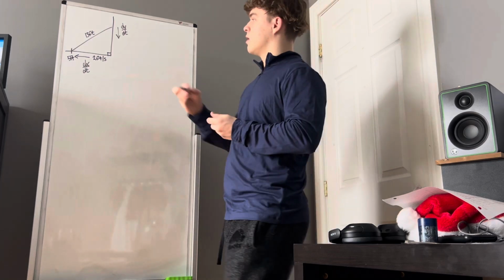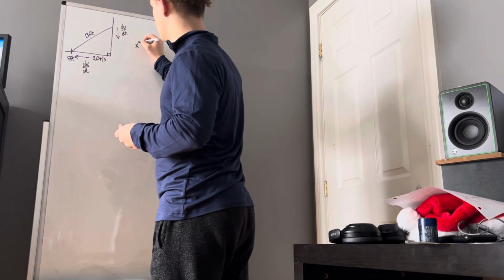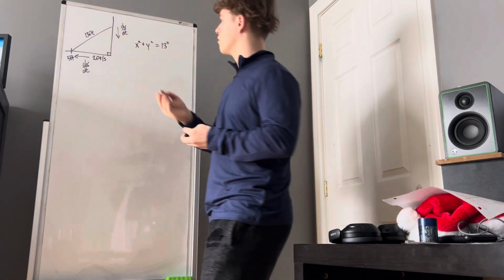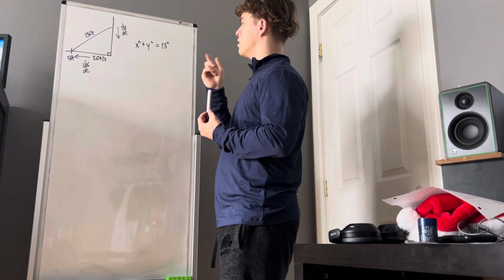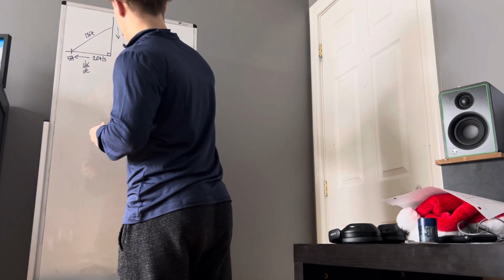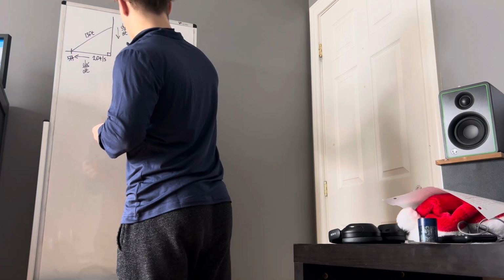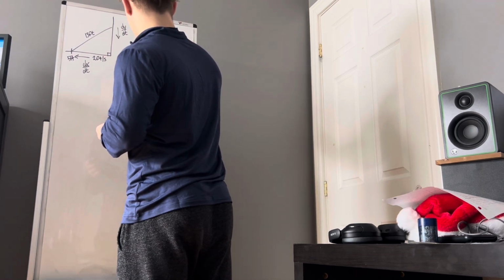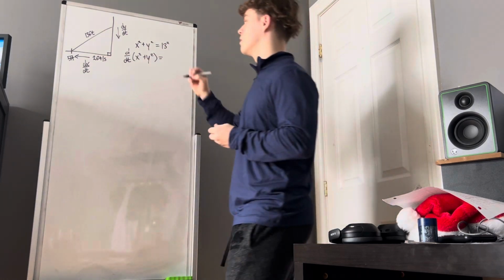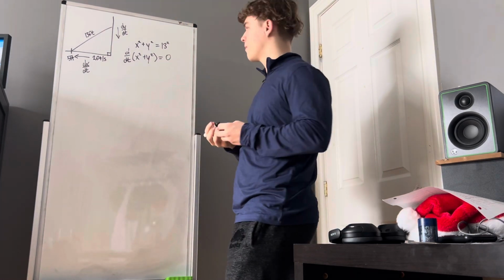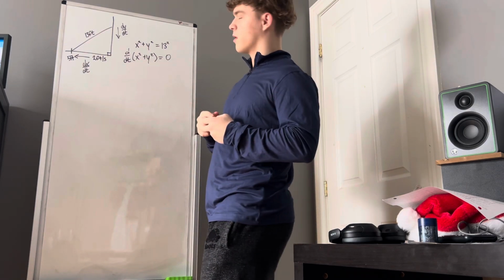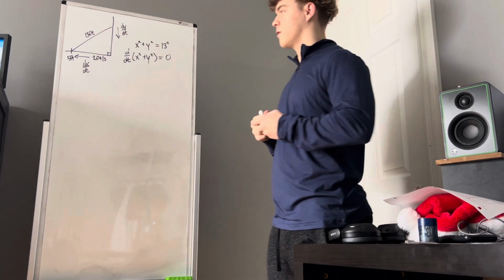Let's figure it out. So we know x squared plus y squared equals 13 squared, right? So let's take the derivative of each side with respect to t. The derivative of any constant is just 0. d/dt of x squared, we're going to have to use the chain rule there, implicit differentiation.